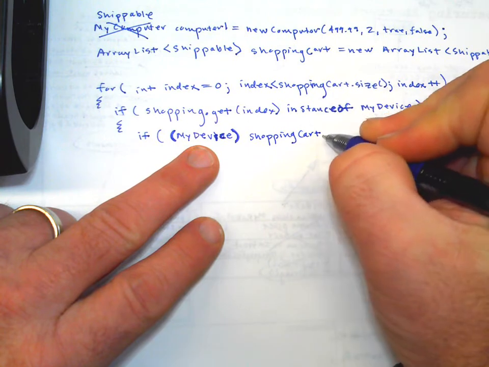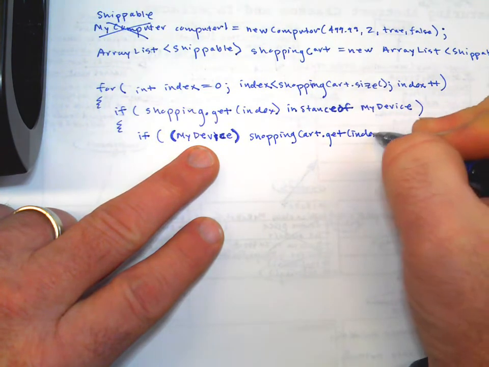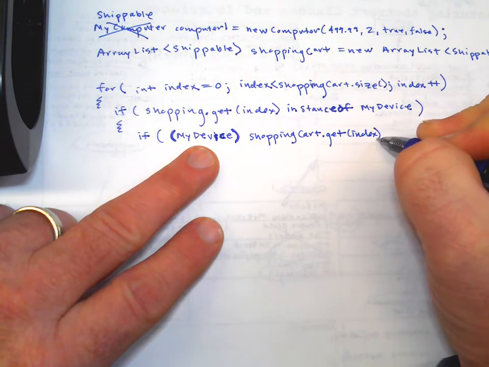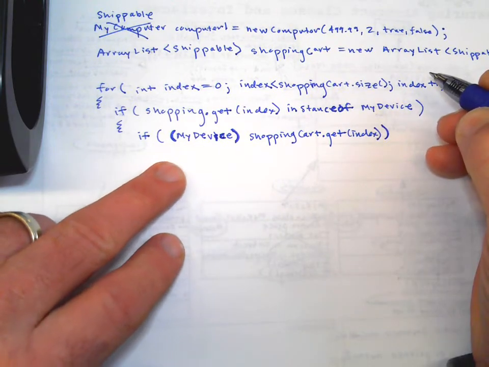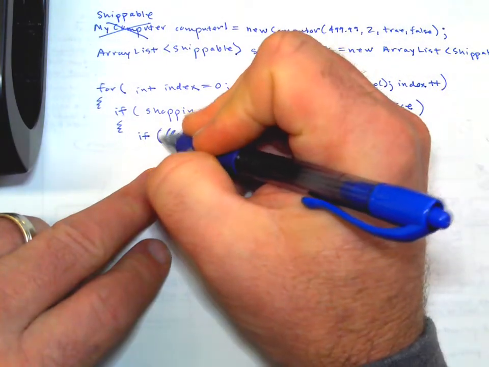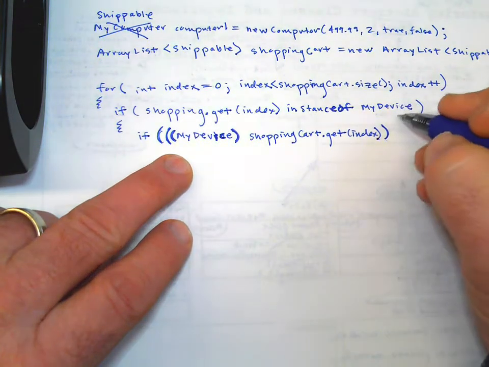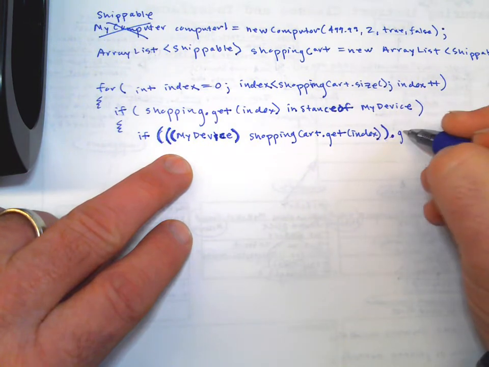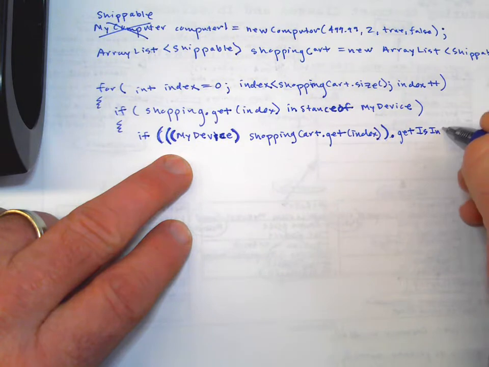So I'm going to get the object out now, the same one I just checked. If it is a device, I'll do this. I'm going to cast this object, so we need an extra set of parentheses here. In the if, I'm going to cast this object, and then I'm going to call get is in stock on it, and it'll do the right thing.